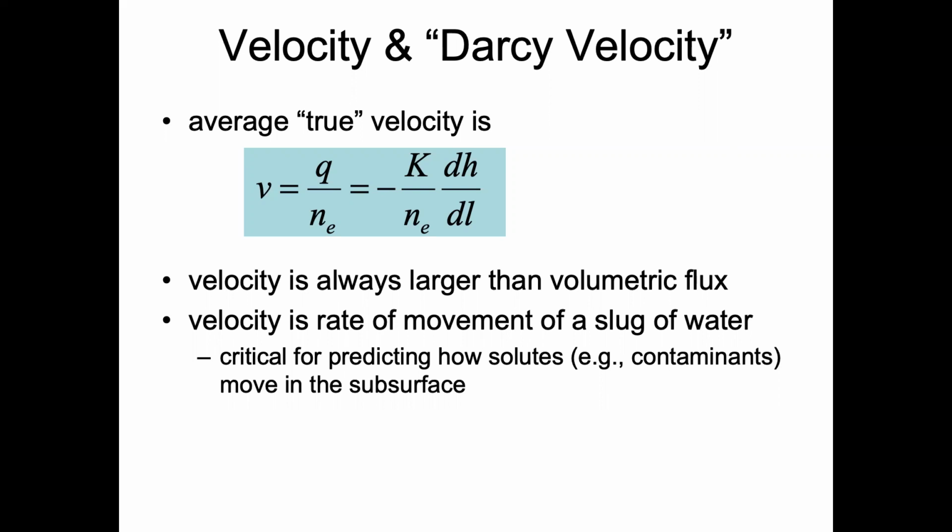So velocity is either the specific discharge divided by the effective porosity, or the hydraulic conductivity divided by the effective porosity multiplied by the change in head over the change in length. You'll notice that velocity is always larger than the volumetric flux. Velocity is the rate of movement of a slug of water, so it's critical for predicting how solutes and contaminants move through the subsurface.